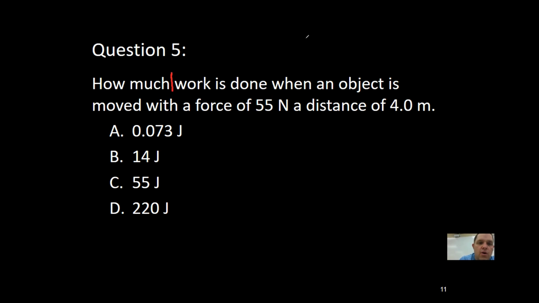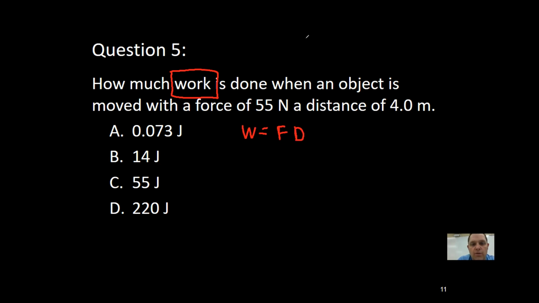It is asking for work. So the first thing I need to do is remember the work equation, or go find it in my notes. So I know that work equals force times distance.